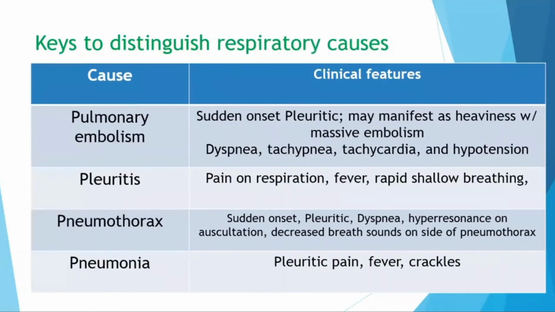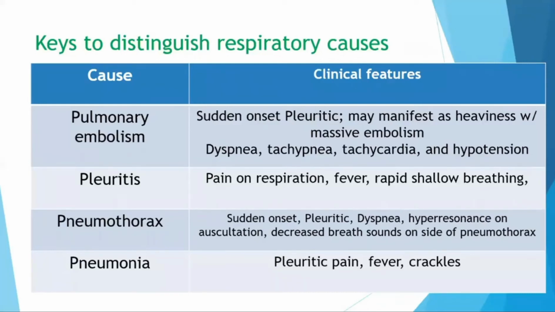These are the respiratory causes, including pulmonary embolism, where there is sudden onset of pleuritic chest pain and may manifest as heaviness with massive embolism. Pleuritis, pain on respiration, fever, rapid shallow breathing. In pneumothorax, sudden onset pleuritic pain and dyspnea, hyperresonance on percussion, and decreased breath sounds on the side of pneumothorax.